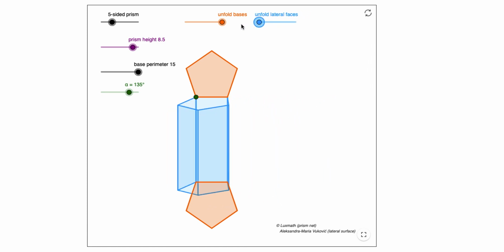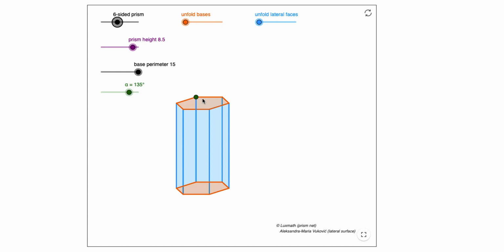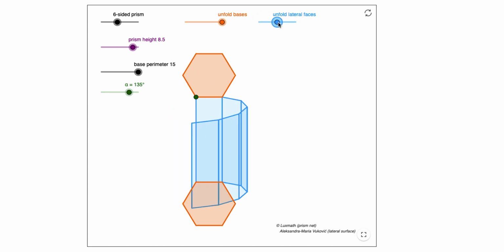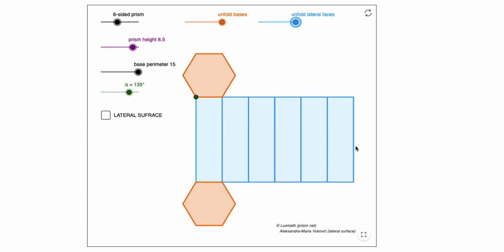So if you close them, it looks like that, right? So pretty obvious. If you have a hexagonal prism, you're going to have 2 bases that are hexagons, and if you unfold them, you're going to have 6 rectangular lateral faces. So you got the idea, right? Then how do we find the prism's area? We can do 2 times the base area, no matter what the shape is, right?